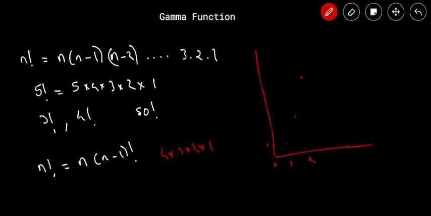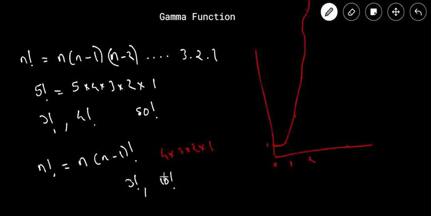It will go like this. So if I plot and interpolate this function, I will get an interpolated curve like this. It's similar to an exponential graph, but it's not exactly exponential, it's just growing rapidly.